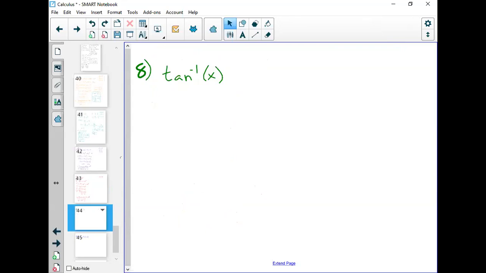Tangent inverse. Who remembers how to do that? I don't. I have to look it up. You guys, however, before your AP test, it is assumed that you know that. And so that is something that you guys might want to review before the AP test: your derivatives of all the trig functions, all the trig inverse functions.